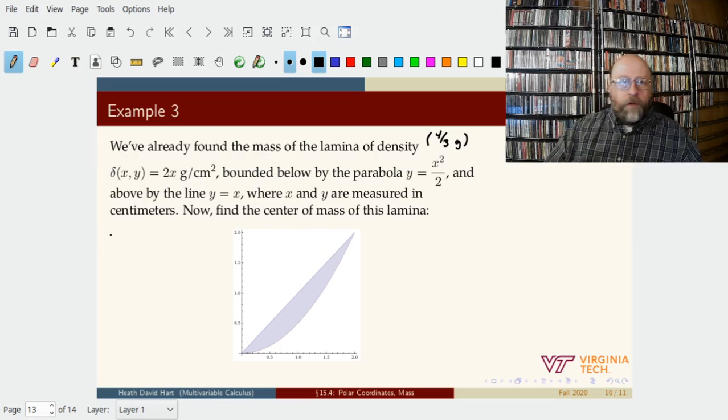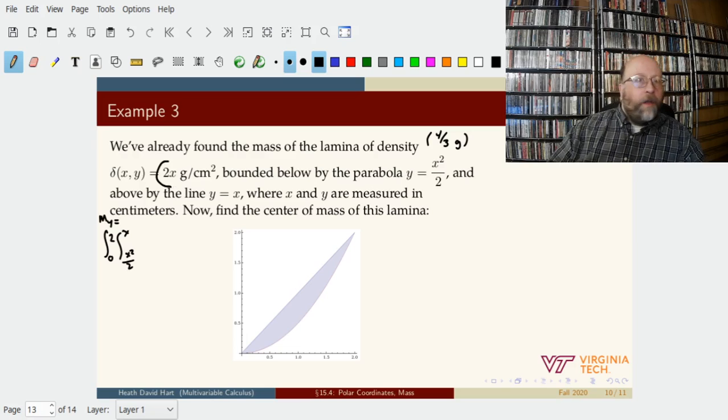So to find the center of mass, we're going to have to do two double integrals. So let's do My. That's going to be the integral from 0 to 2, x squared over 2 up to x. The density function is 2x.